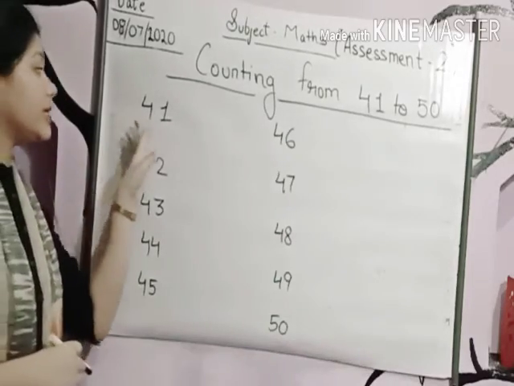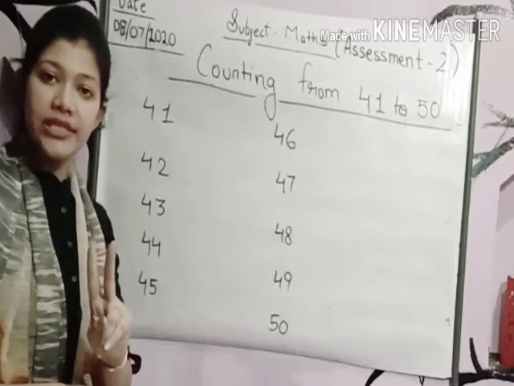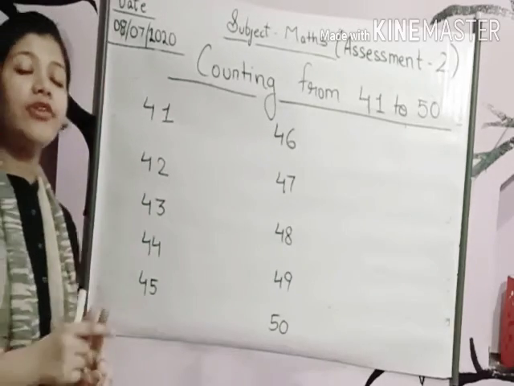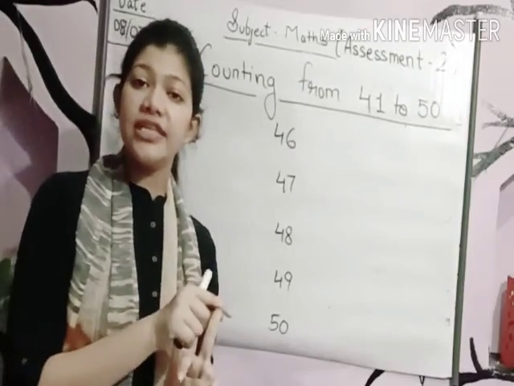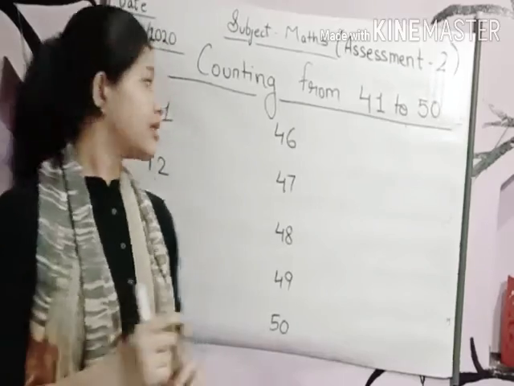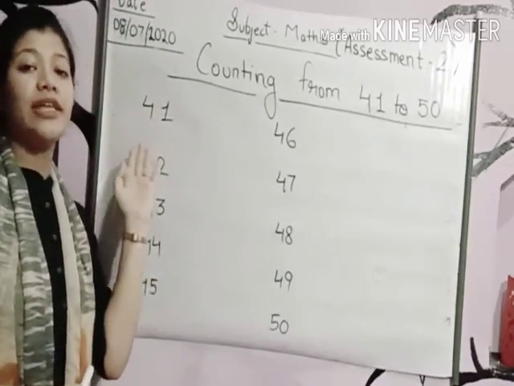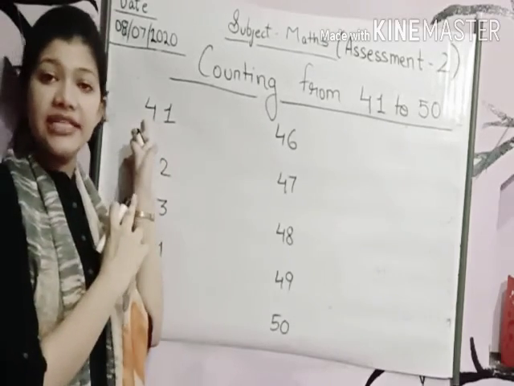Now see, students, the number 41 is also of 2 digits. You know that if a number is of 2 digits, then 1 will be placed at the ones place and the second will be placed at the tens place. So we will follow the same method here. Here 4 will be placed at the tens place.